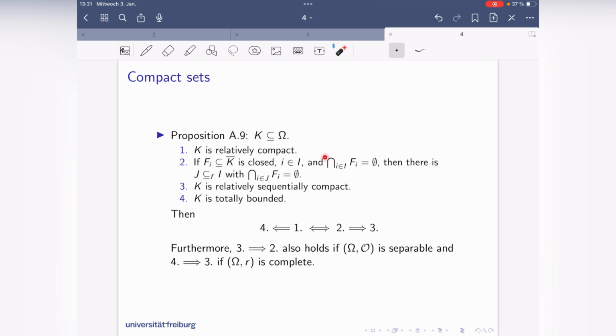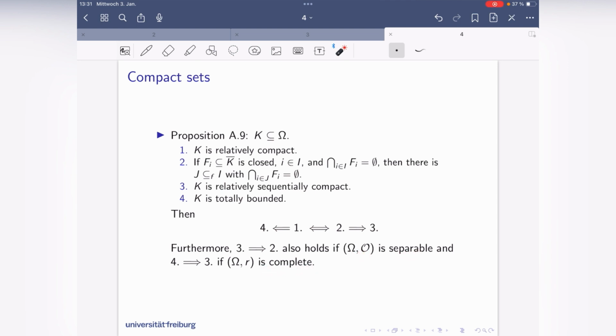So this empty set can already be generated by using a finite index set. These 4 properties are essentially the same if omega is nice enough, which means it's separable and complete.